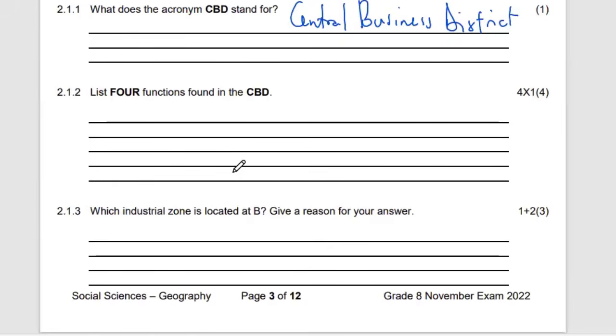List 4 functions found in the CBD. The core part of the urban area, the commercial part of the urban area, what do we find there? We can talk of offices. That is where we find different offices, administrative offices. We can also find financial institutions.